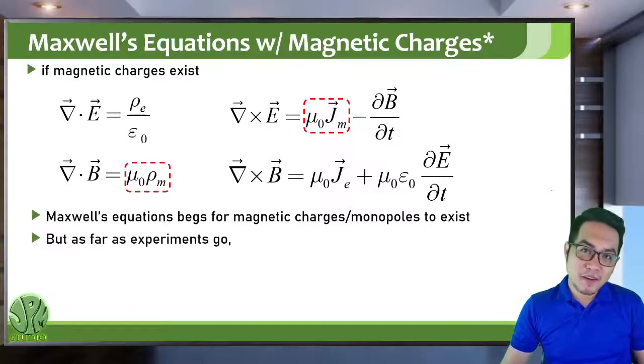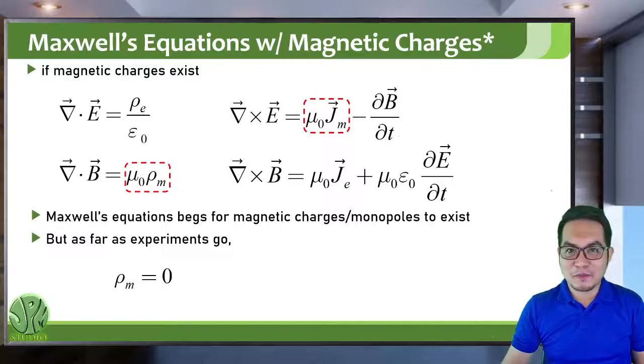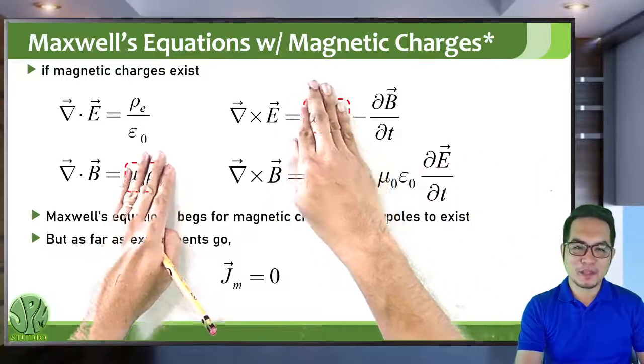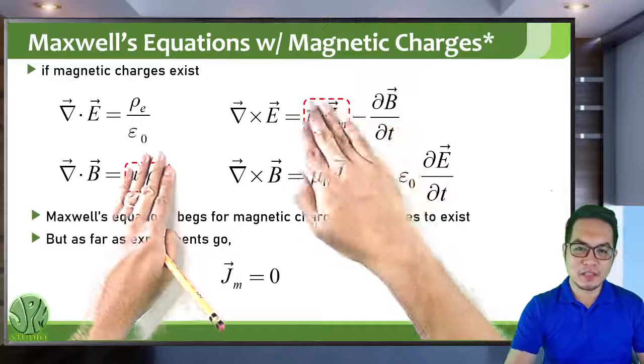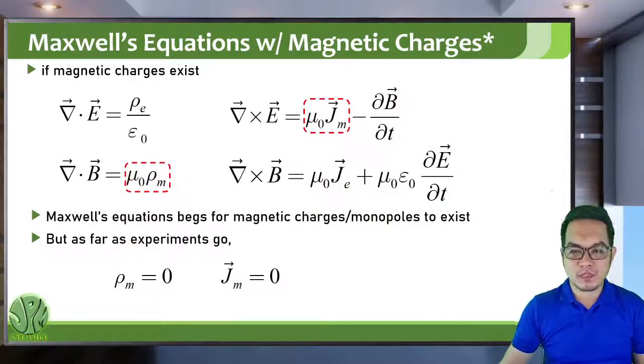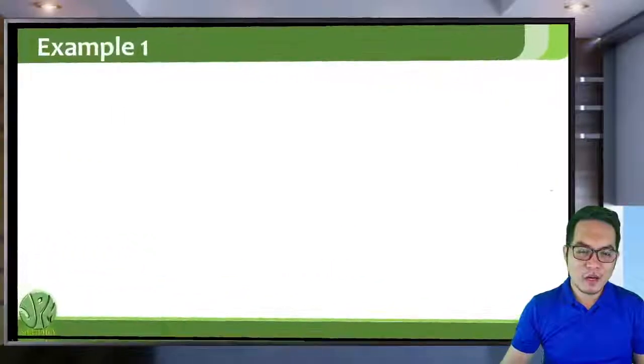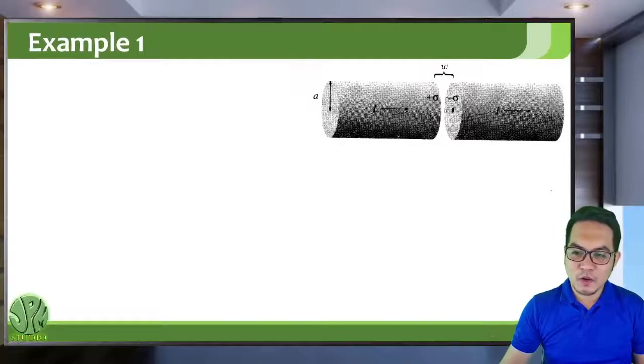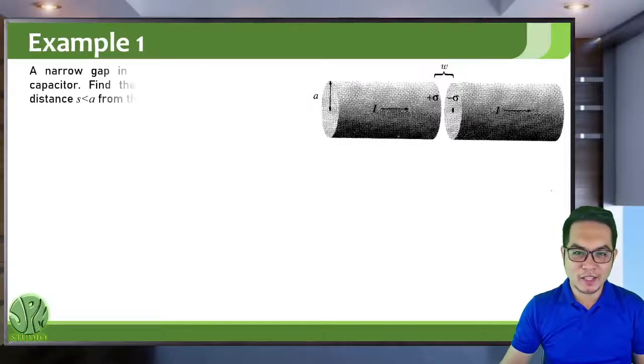But as far as experiments go, there's no evidence of magnetic charge density and magnetic current density. So basically, you go back to these terms being 0.